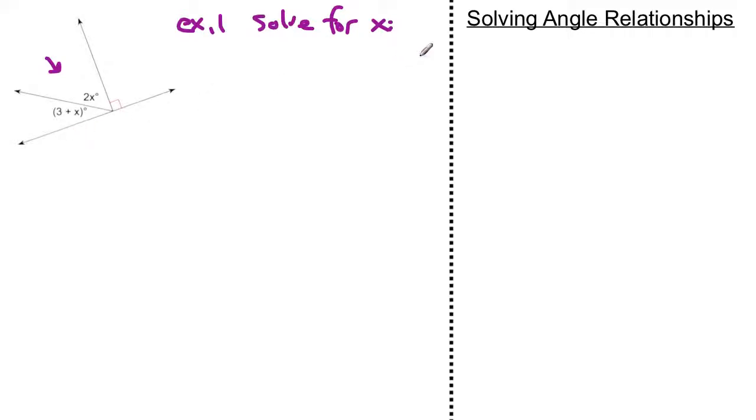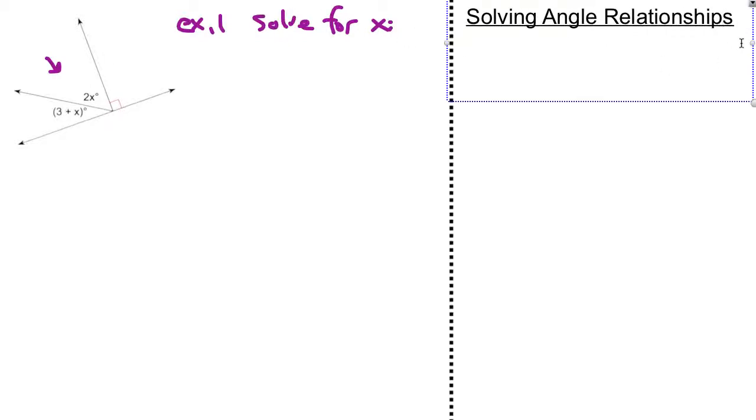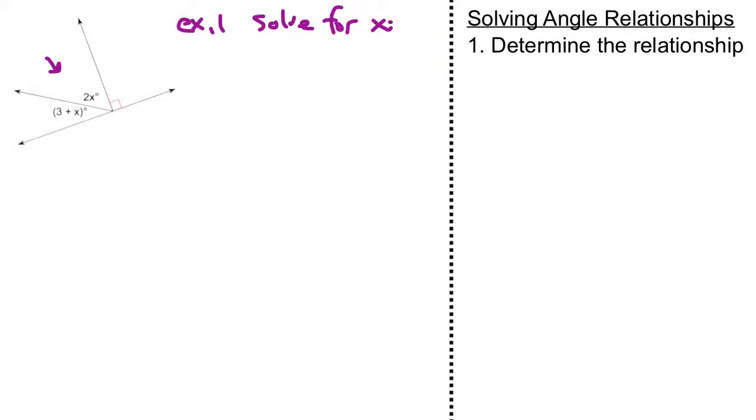Okay, and when we do these problems, there are some steps that I want you to follow to make it easy. The first step is to determine the relationship. What I mean is you need to look at the diagram and figure out what's going on.